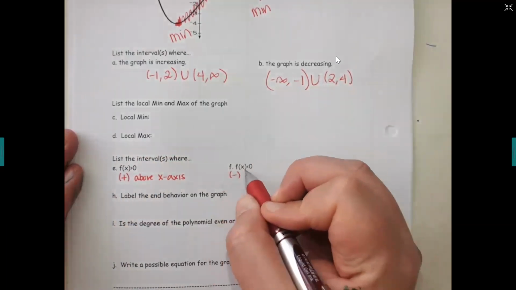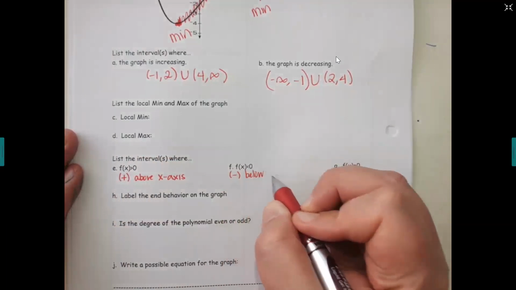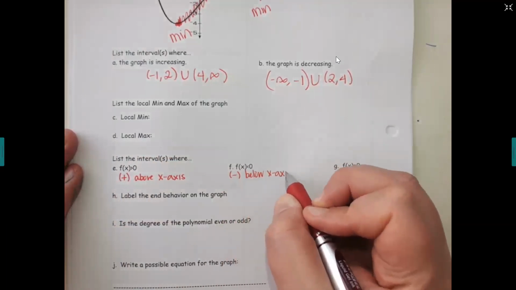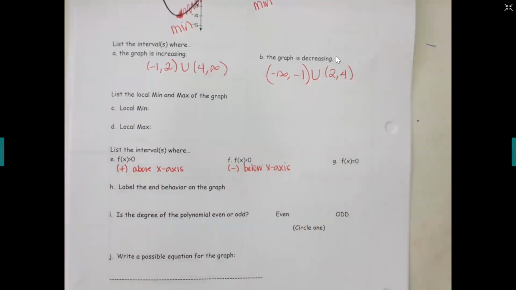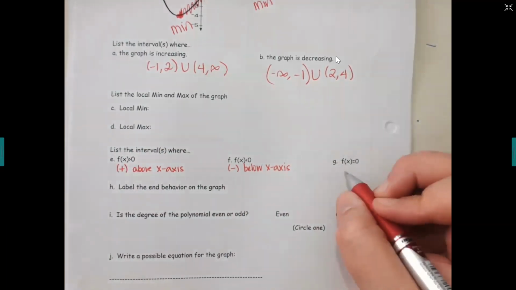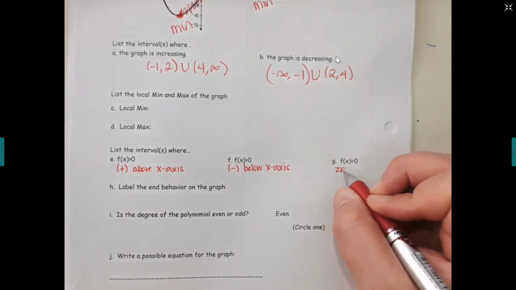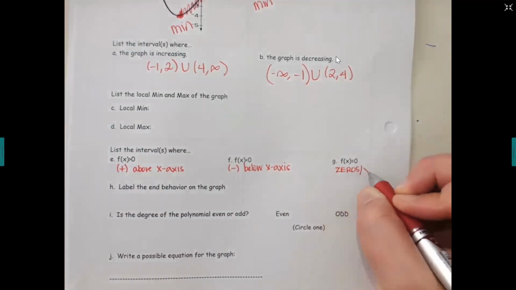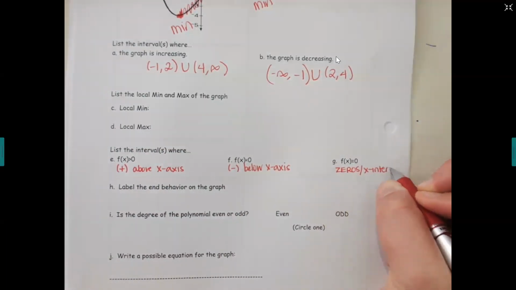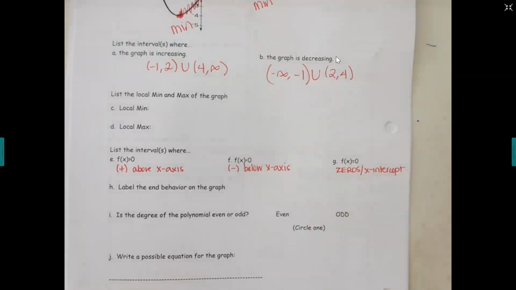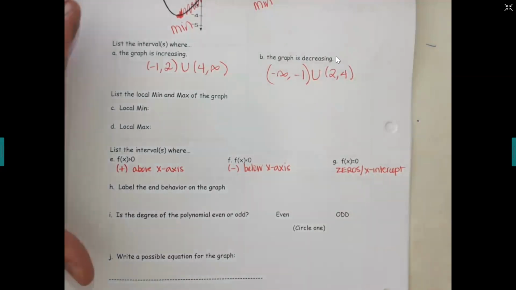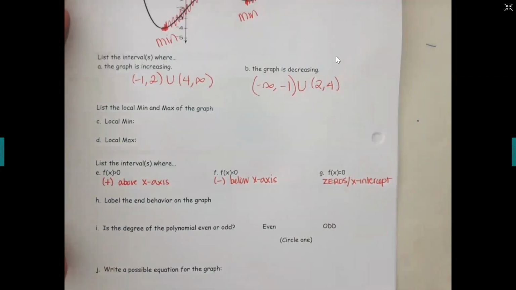And we're going to find those pieces of the graph below the x-axis. But if I want it to be equal to 0, I don't want it to be above or below. I want it to cross the x-axis. So these are going to be your zeros or your x-intercepts. But that would be where it actually touches the x-axis. So now let's go through and find those on your graph.